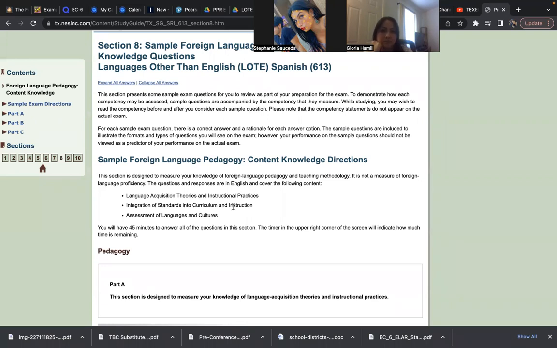You can show how many different countries speak Spanish and how useful it is to have, especially in Texas, but not just Texas, most of the United States has a very high population of Spanish speakers. The only other language that compares is like Mandarin or Chinese. So it's very useful. It completely has its place.